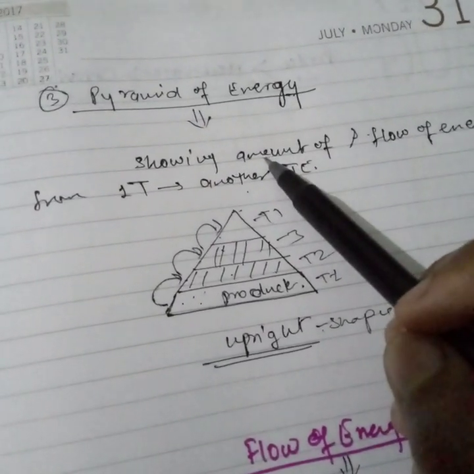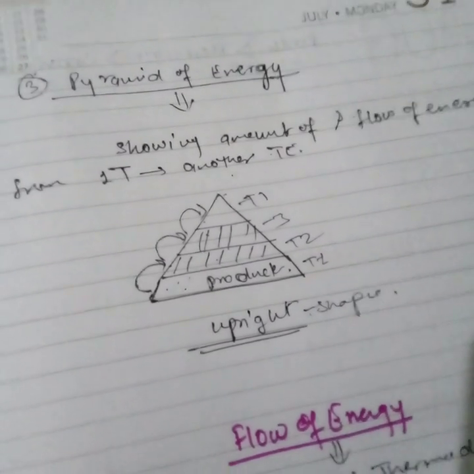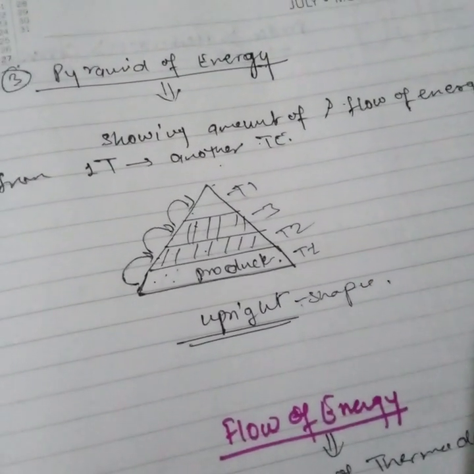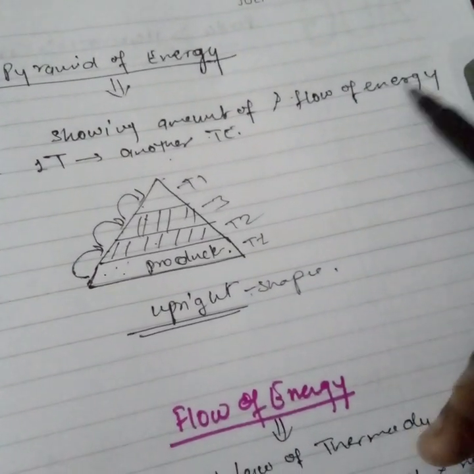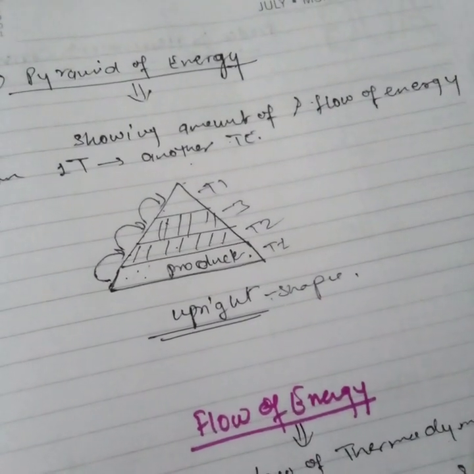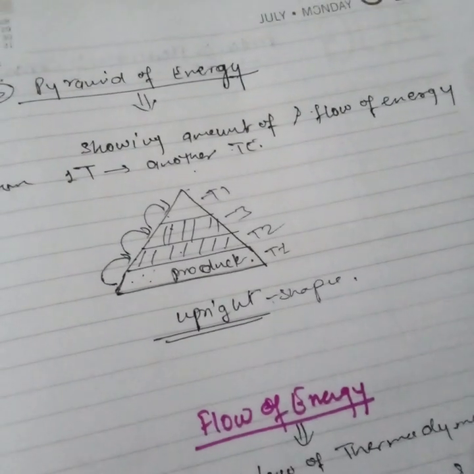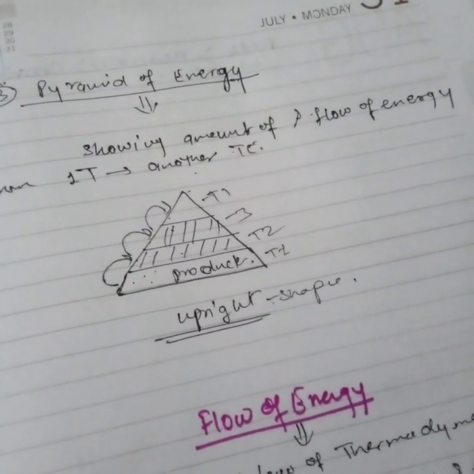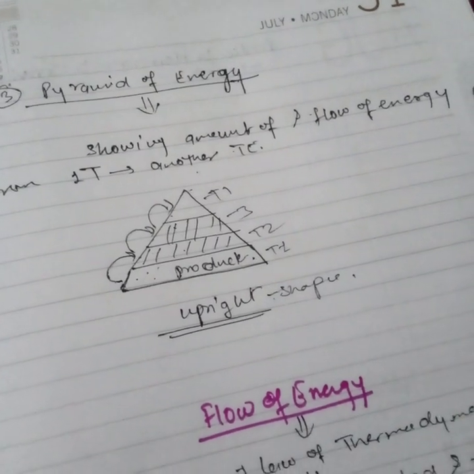Now come to the pyramid of energy. Pyramid of energy shows what? It refers to the transfer of energy, showing the flow of energy from producers to consumers, top consumers. Or we can say pyramid of energy refers to the flow of energy from one trophic level to another trophic level.